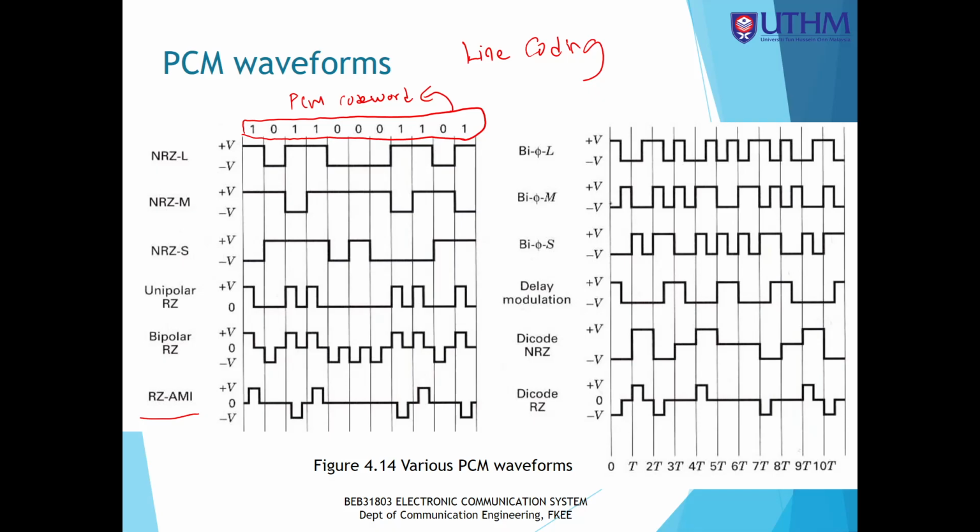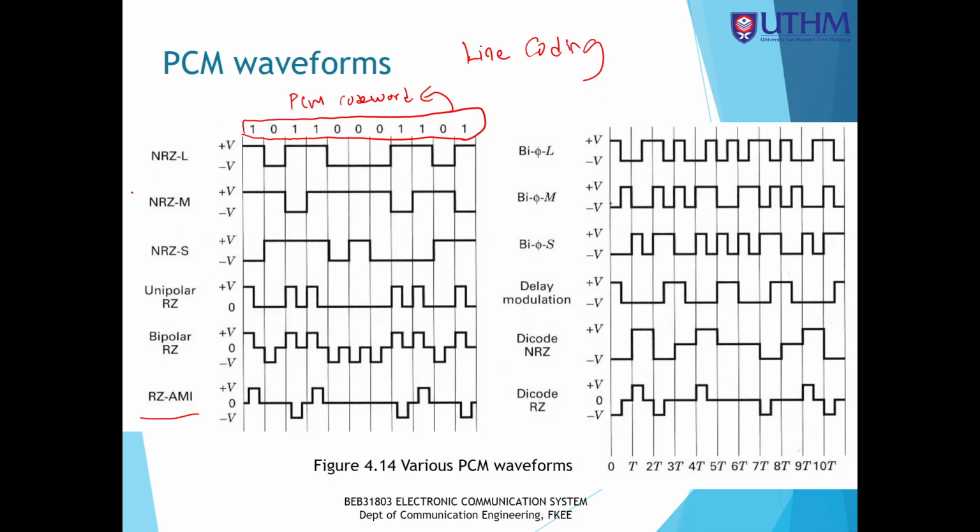So how do we want to convert this into electrical pulses? The issue now is, how do we convert the PCM code word into electrical pulses? Itu isunya sekarang.